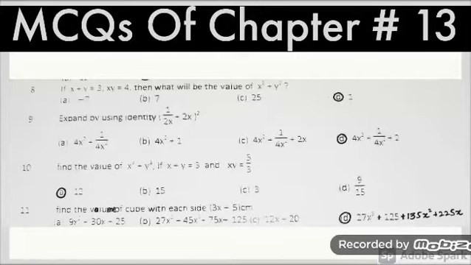So the volume of the cube will be equal to (3x plus 5) multiplied by (3x plus 5) multiplied by (3x plus 5), or we can write it as (3x plus 5) whole cube. And then we will open the cube by using the formula (a plus b) whole cube. After taking the cube, we will get 27x cube plus 125 plus 135x square plus 225x.